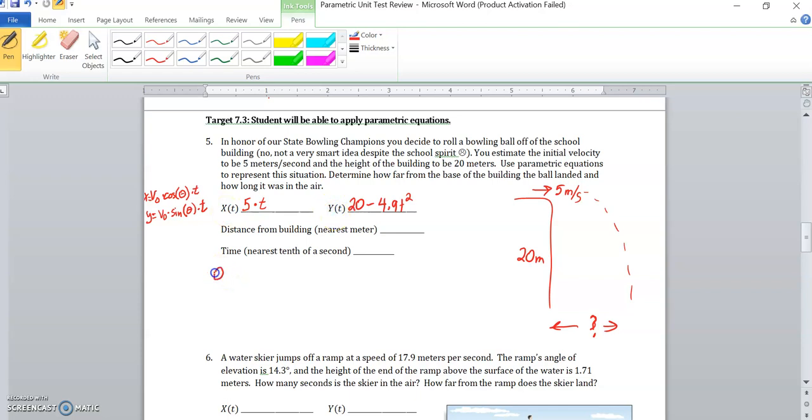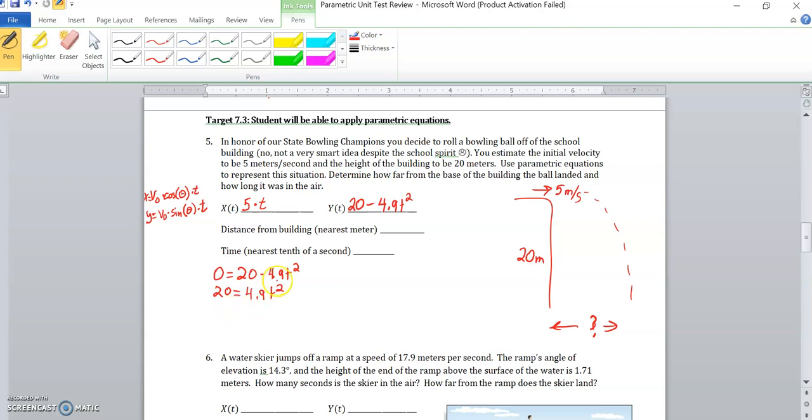So we can set y to be 0 and say that's equal to 20 minus 4.9 t squared. If we solve for t here, we know how long it took to get to 0. So 20 equals 4.9 t squared, because we just added that to both sides.